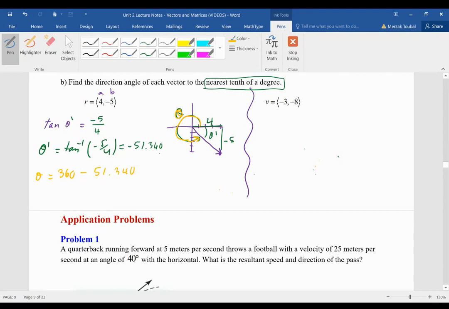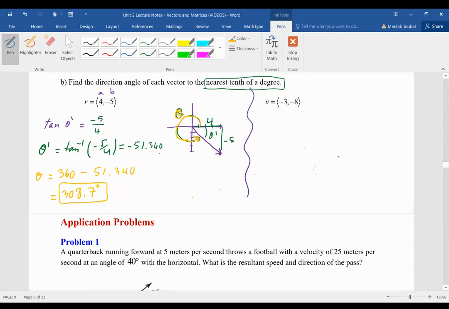What's left is the yellow angle, which is theta. So let's do that. So we got 308.65, so to the nearest tenth of a degree that should be 308.7. That's the angle theta. This is going to be our answer for this question.